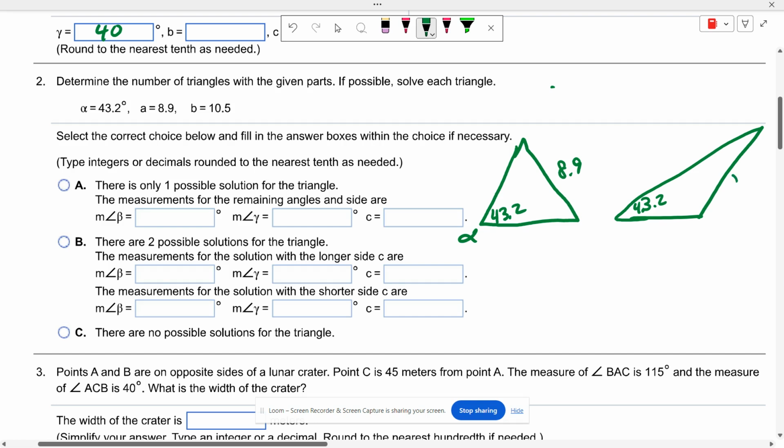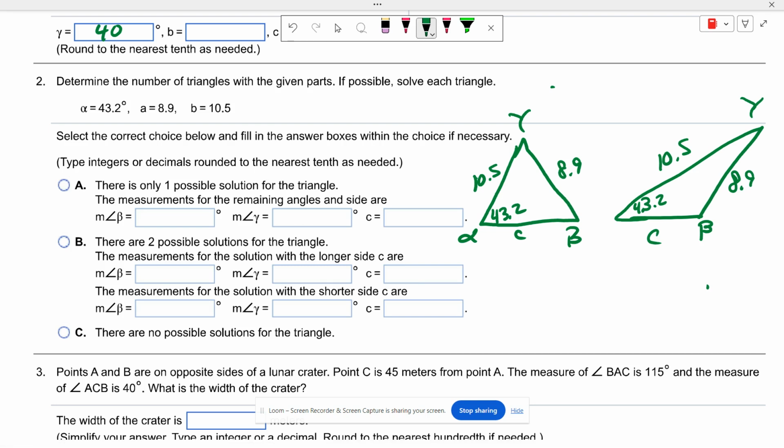So you got those two. Then the other one that you're given is here, so that makes this B and 10.5. So that makes this gamma and C. Okay, set them up that way. Don't just put them willy-nilly anywhere, and don't just label things right away. Put your numbers in, then put your labels on.